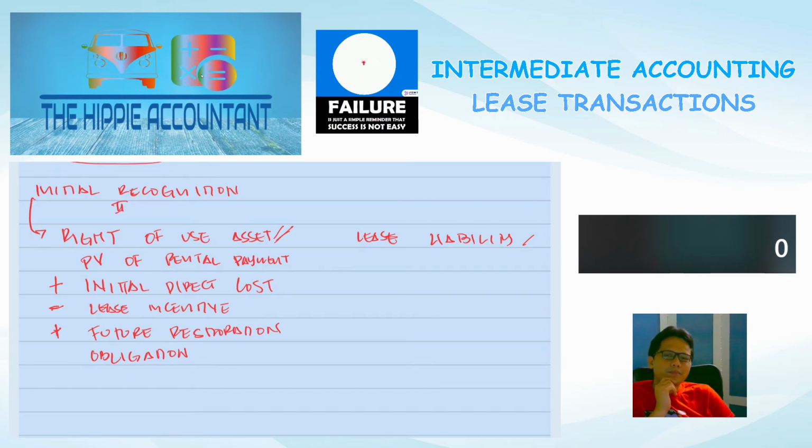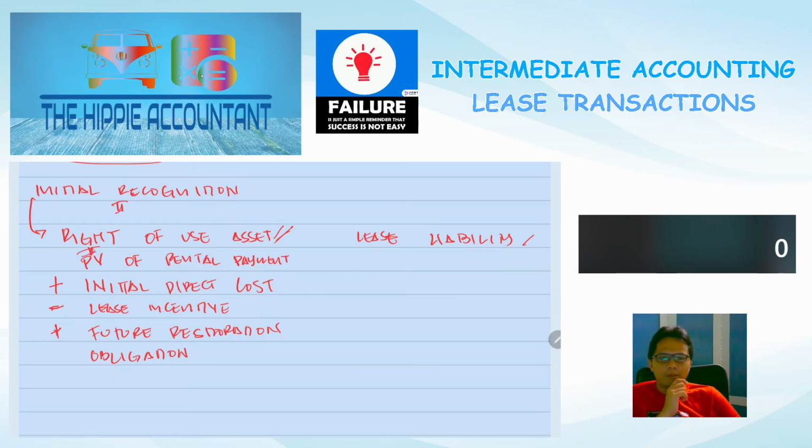Kung baga, itong future restoration obligation is that if, let's say for example, sa agreement ninyo or sa term, or maybe required by law, there is a contractual obligation on your part na kung ano yung pinut up mo, let's say, na mga leasehold improvements sa subject of the lease or anything sa subject of the lease, and you need to dismantle that and restore the subject to its original form, and then ikaw as lessee, ikaw yung magbabayad, that will form part to your right of use asset.